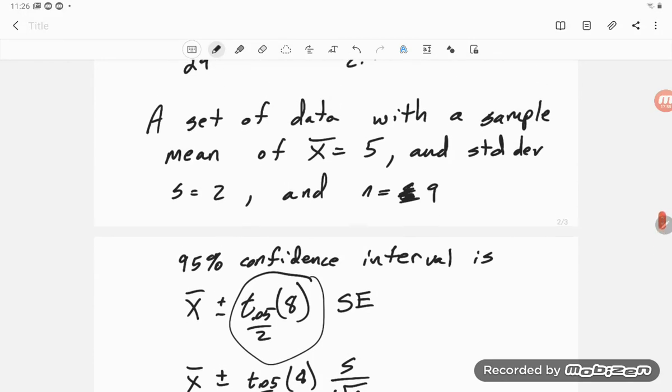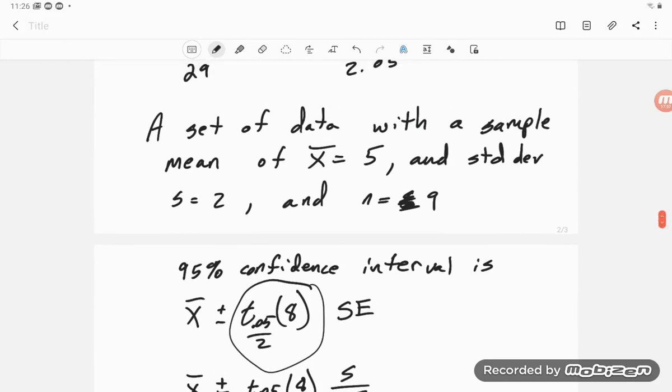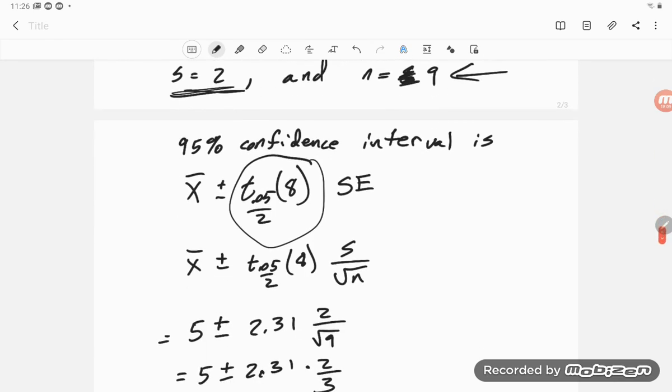Okay, so what did I need in order to do it? If you give me some data, even if you just give me a line of data, well, I need to calculate the sample mean. I need to get the sample standard deviation. I need to count how many items are there. And then I need to be able to look up this t 0.05 over 2 of the n minus 1.